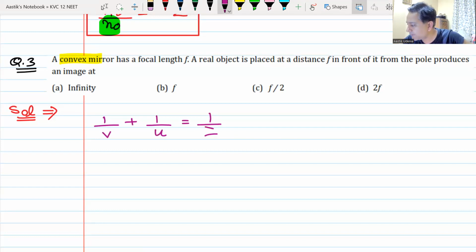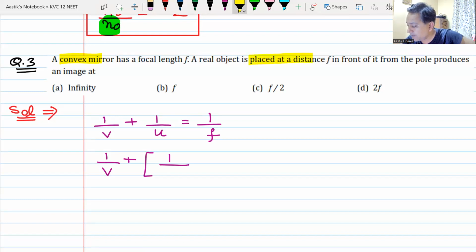Right? 1 by u plus 1 by v is equal to 1 by f, and I just put the values. 1 by v, I have to find the value of v, so 1 by v remains 1 by v. What is the value of u here, my dear friends? Tell me what is the value of u?